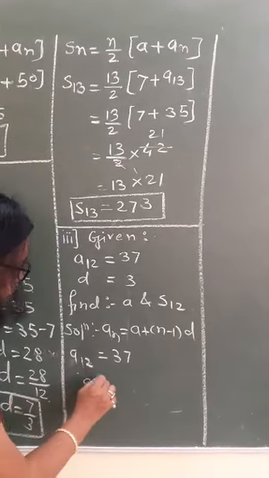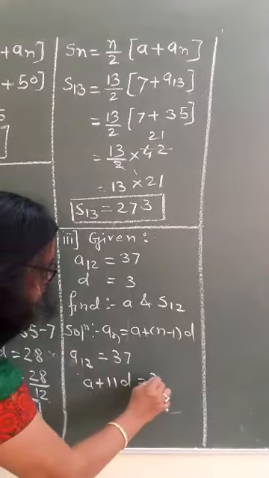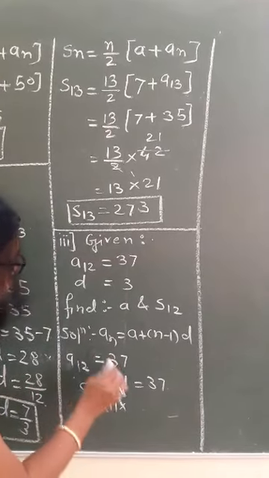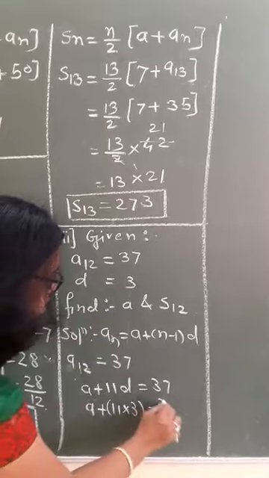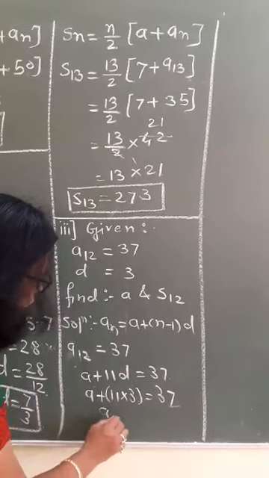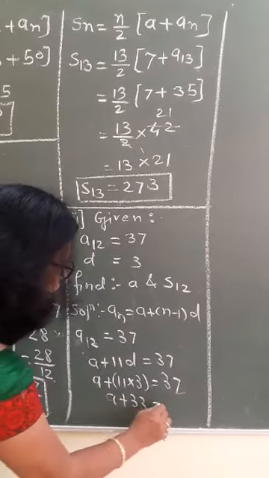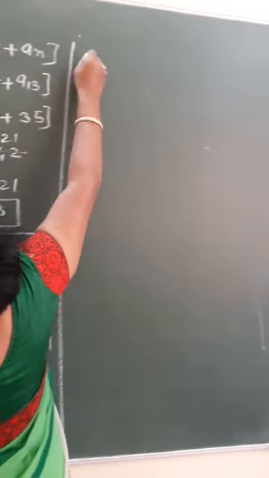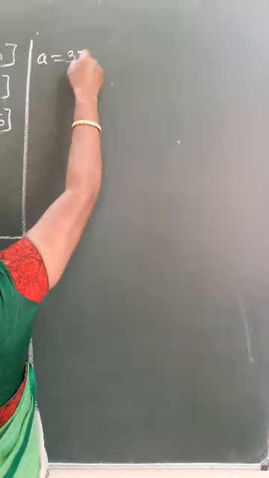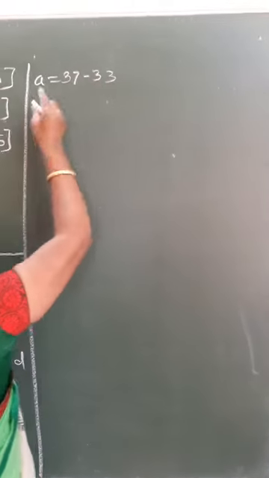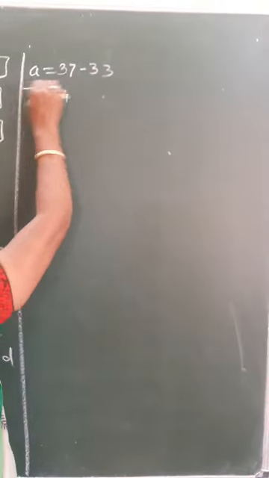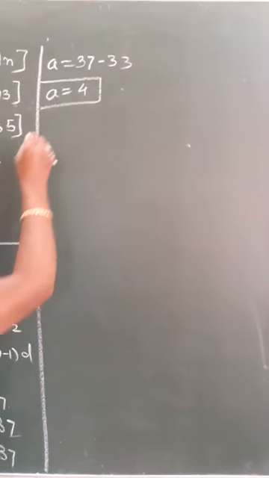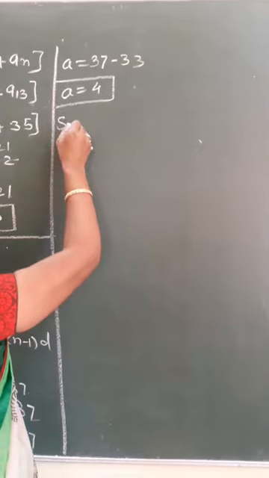It is a plus 11d, which is equal to 37. a plus 11 into the value of d, which is 3, is equal to 37, so a plus 33 is equal to 37. So a is equal to 37 minus 33, a is equal to 4. Now we got the value of a, which is equal to 4. Now we have to find S12.